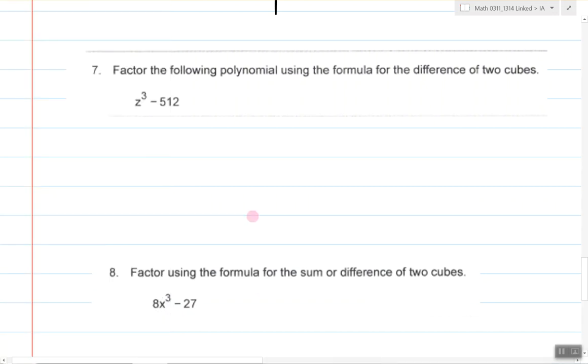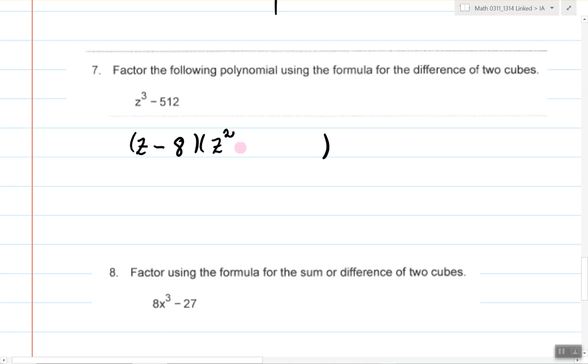All right, I will do a binomial and a trinomial. In the first one, roots. Z is the cube root of z to the third. Keep that sign. The cube root here was 8. What goes in here? Remember the words: square, change the sign, product, square. Square the z for z squared.